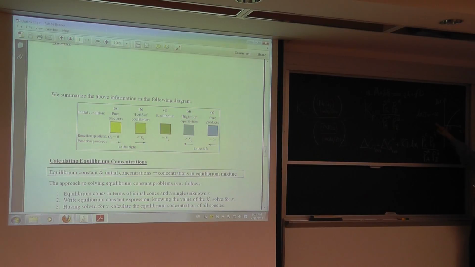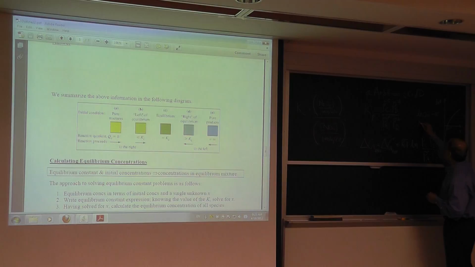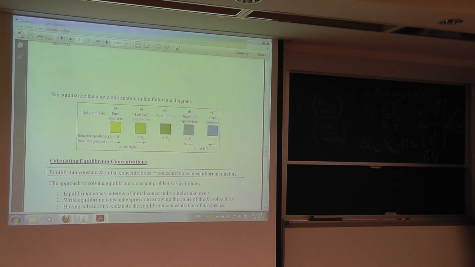Okay, we just said that log of 0 is minus infinity. So at time t equals 0, delta G of the reaction is going to be negative infinity. No, but why is ln 0? I mean, you're saying that the pressure is 0? I'm saying that the numerator here is 0. So the partial pressures of the products are 0.